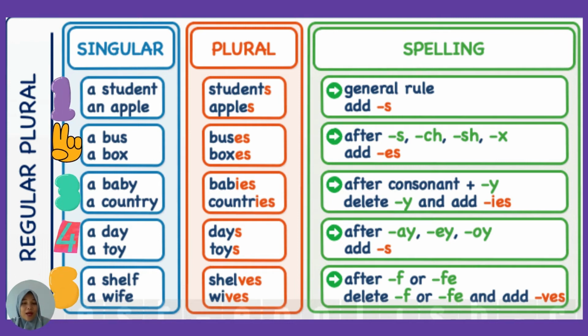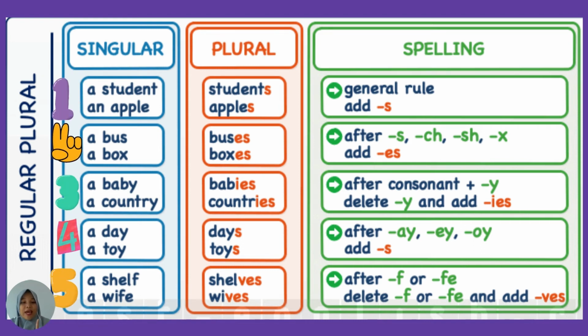Okay, the third rule. For the example, a baby. The plural form is babies. A country. The plural form is countries. So, for the third rule, after the consonant Y, we can delete the Y and add IES.